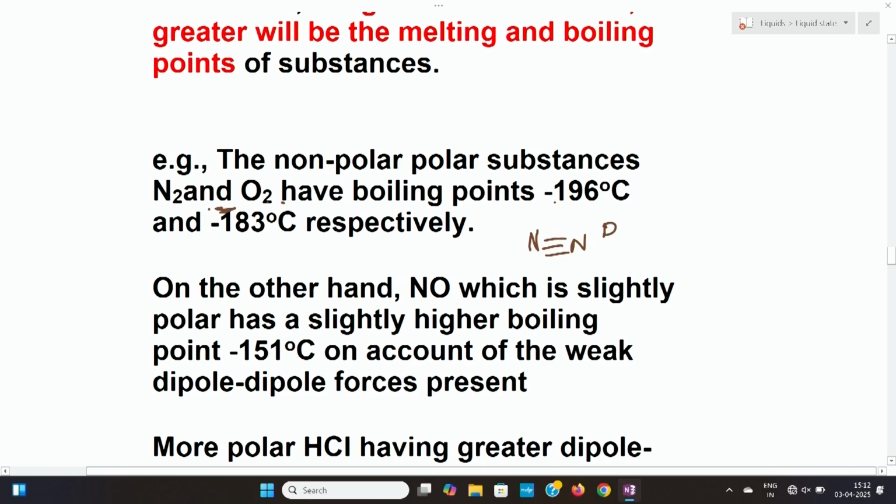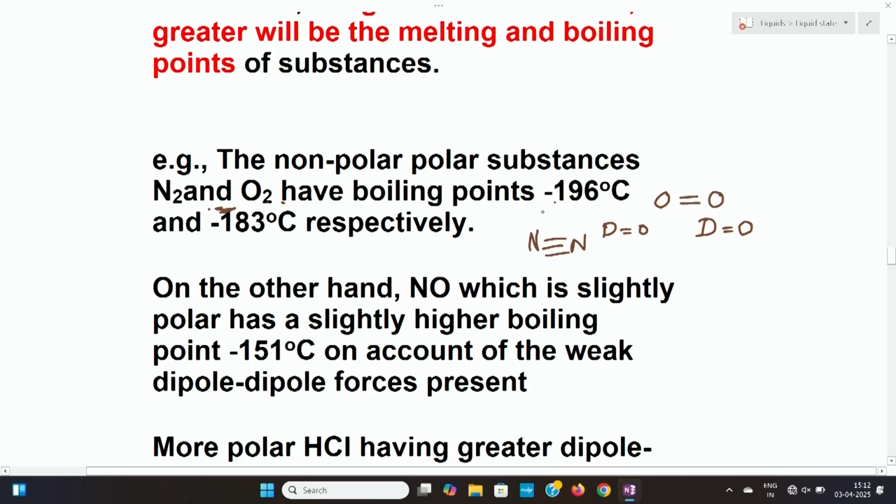Therefore, the dipole moment is 0. In the case of oxygen also, the electrons are shared by two oxygen atoms, so the dipole moment is 0. Otherwise, we can see that nitrogen and oxygen are non-polar molecules.